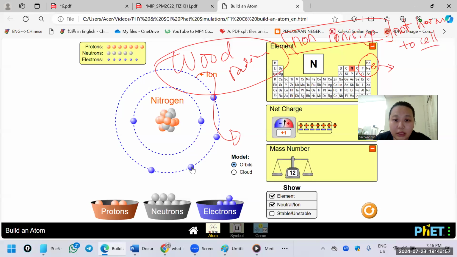So ionizing means you take out an electron from the atom. You ionize means you take out electron, means you spoil the atom. When you spoil the atom, it can spoil your cell too.